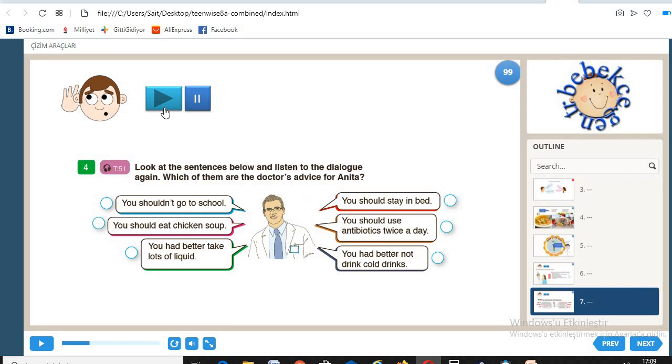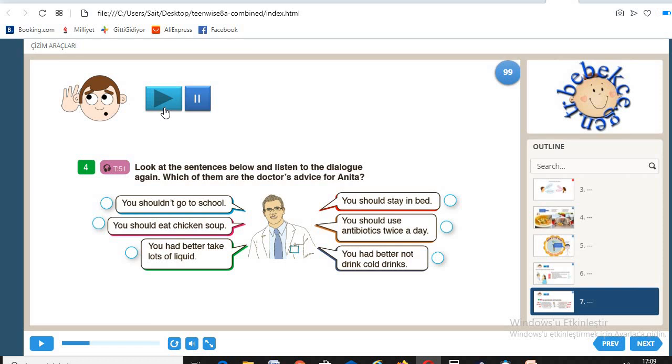Good afternoon, doctor. Good afternoon. What's wrong with you? I've had a sore throat and a fever for 3 days, and today I haven't gone to school. What are the other symptoms? I really feel under the weather. My throat is so dry and I can't stop coughing. All right, take a seat. I'll have a look at you. Open your mouth wide.